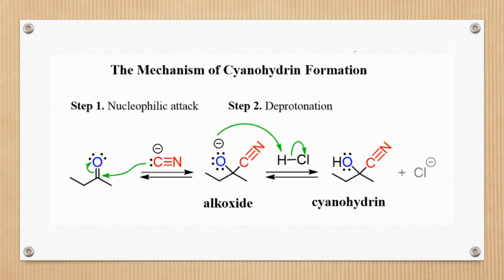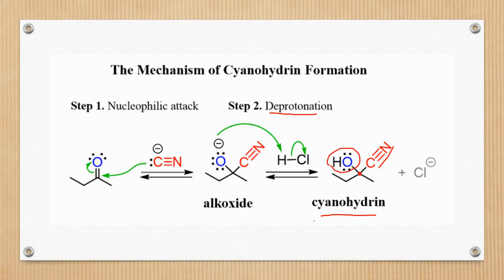A cyanide group will attack on this carbonyl carbon to give you this alkoxide, and this alkoxide then takes a proton from this HCl to give you OH. So the carbon having the cyano group and the OH group is known as the cyanohydrin, containing both the cyano and the oxygen, that is the hydroxy group.